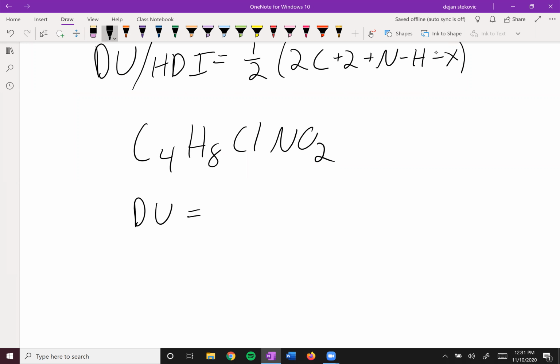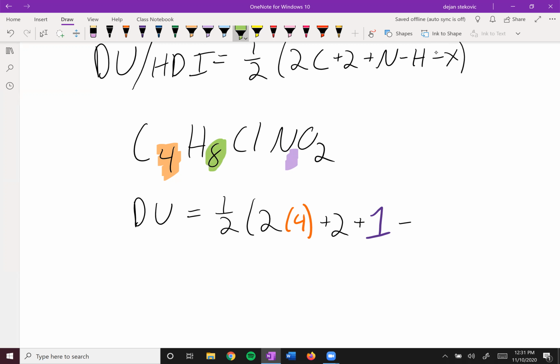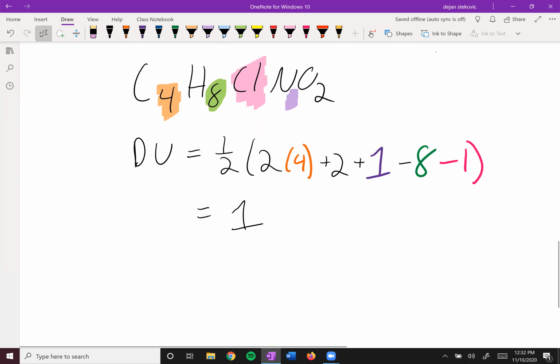So our degrees of unsaturation will be equal to 1/2 times 2 times the number of carbons, which in this case is 4, plus 2, plus the number of nitrogens, which in this case is 1, minus the number of hydrogens, which in this case is 8, and then minus the number of halogens, which in this case is 1. And then if you plug and chug through the math there, you will get 1. So you have 1 degree of unsaturation.